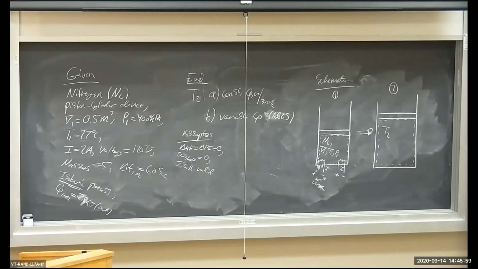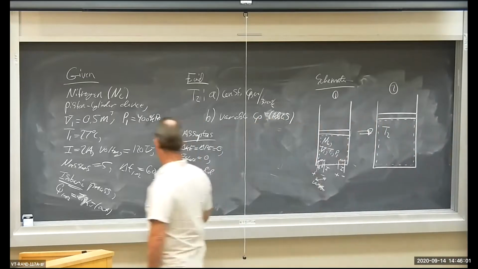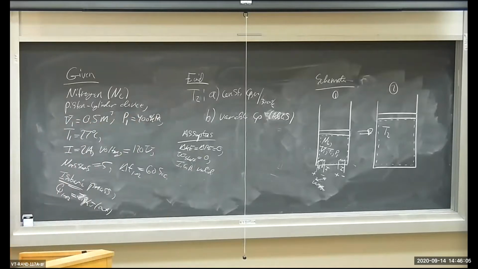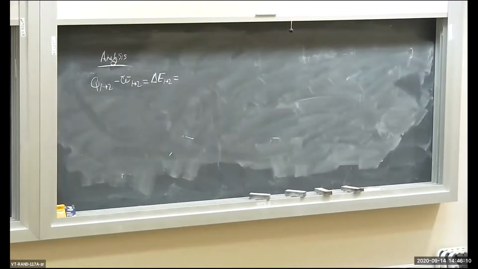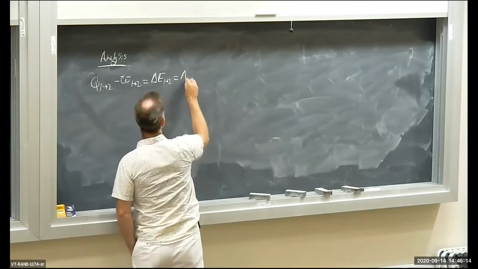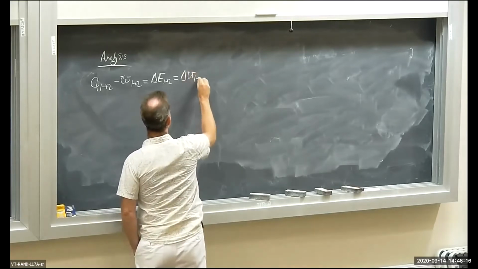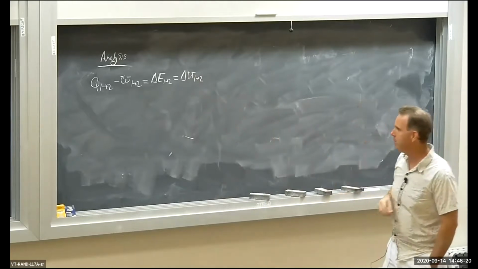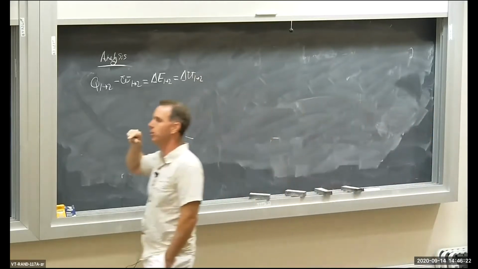Now, I'm going to assume no changes in kinetic and potential energy. So delta E1 to 2 is equal to delta U1 to 2, okay? No changes in kinetic and potential energy, so total energy becomes internal energy.